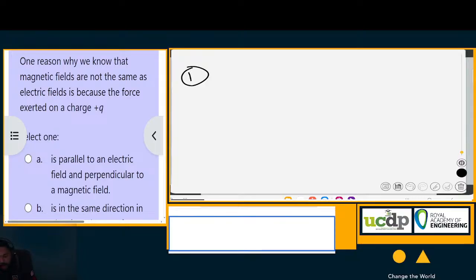The electric force is equal to the charge Q multiplied by the electric field, F = qE. This is the force due to an electric field on a positive charge Q.